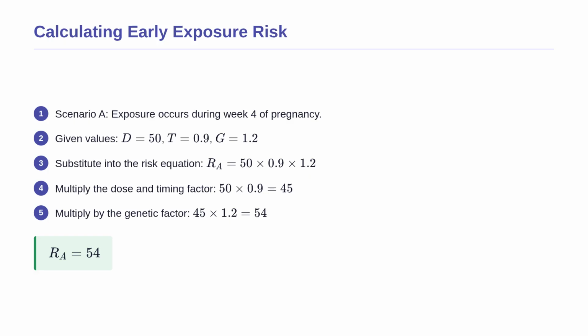Multiplying the dose of 50 by the timing factor of 0.9 gives 45. Multiplying that by the genetic factor of 1.2 yields a final risk score of 54. This high number indicates a severe likelihood of major structural abnormalities because cells are rapidly dividing to form organs during this early window.